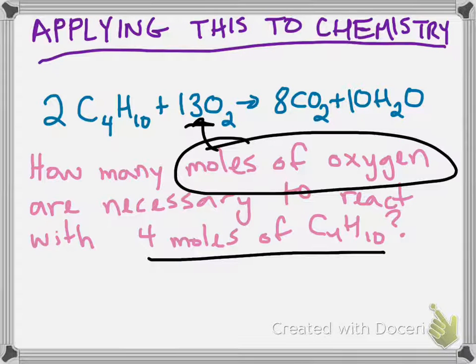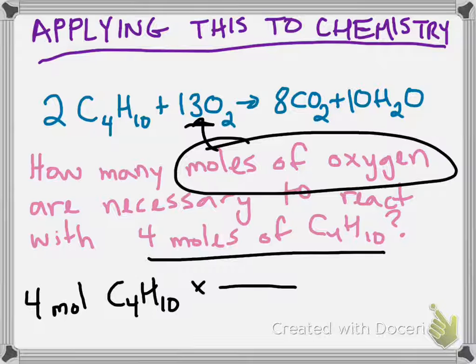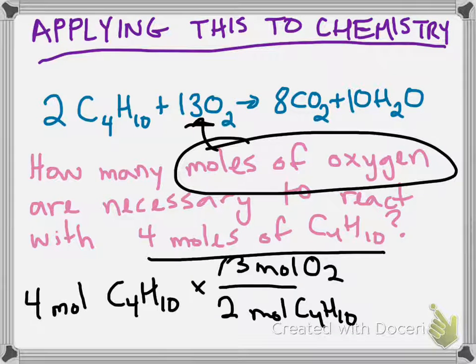So if we start with 4 moles of C4H10, the ratio is that 2 moles of C4H10 can react with 13 moles of O2. Now notice, I need my C4H10 on the bottom so my units cancel out, and I'll be left with what I want. Whatever I want needs to go on top, which is moles of oxygen.